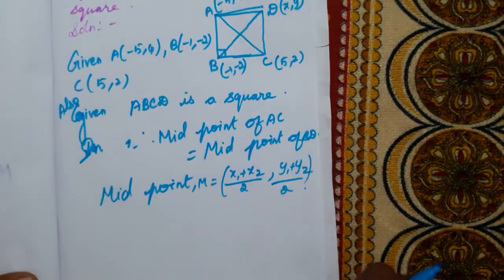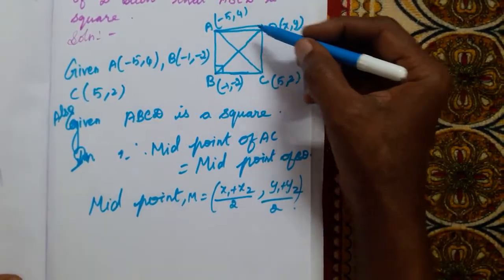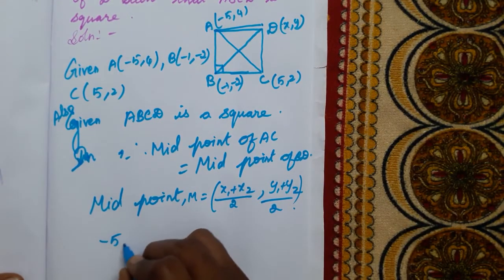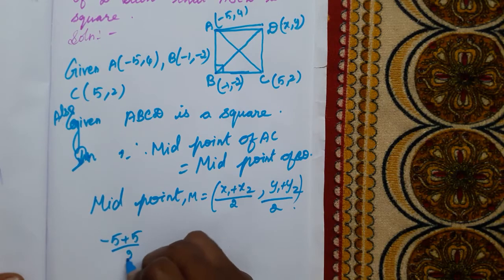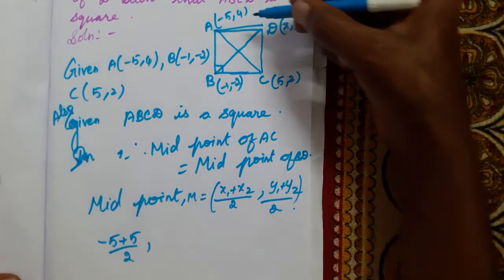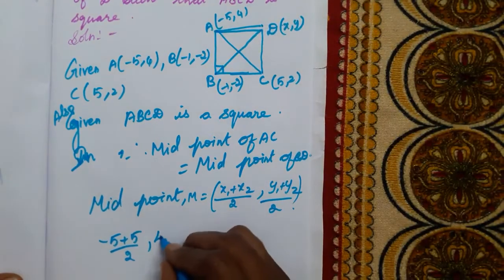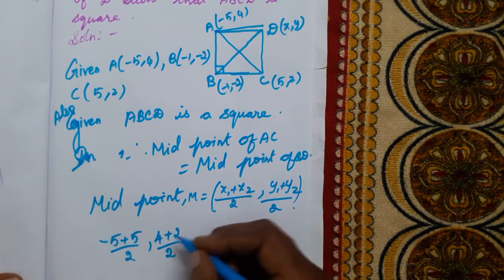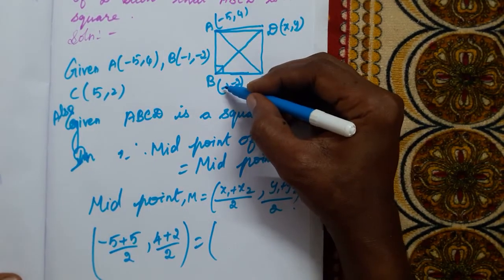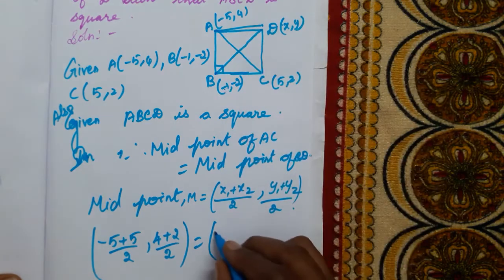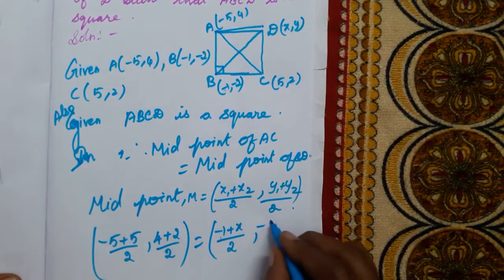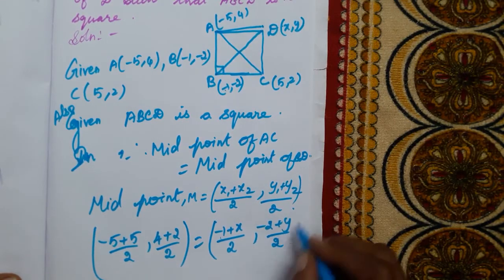So the midpoint of AC means (minus 5 plus 5 by 2, 4 plus 2 by 2), is equal to the midpoint of BD, which means (minus 1 plus x by 2, minus 2 plus y by 2).